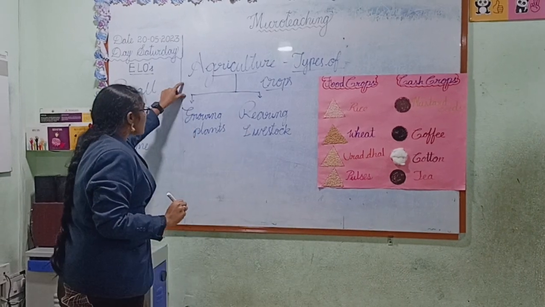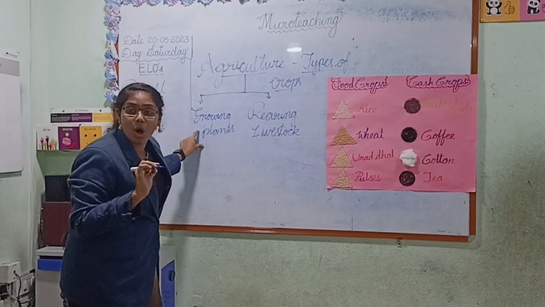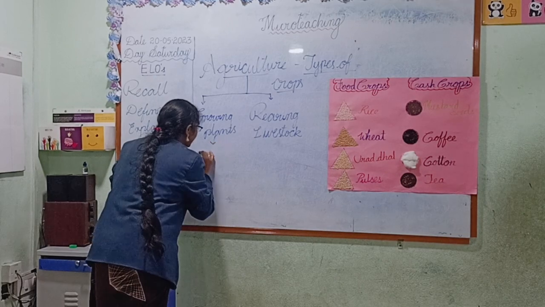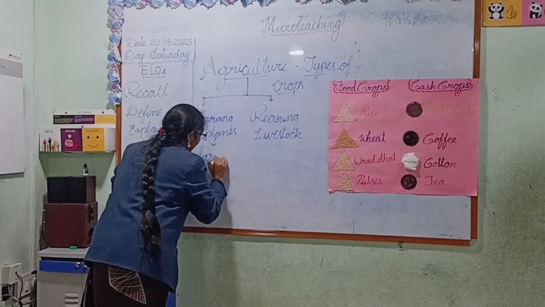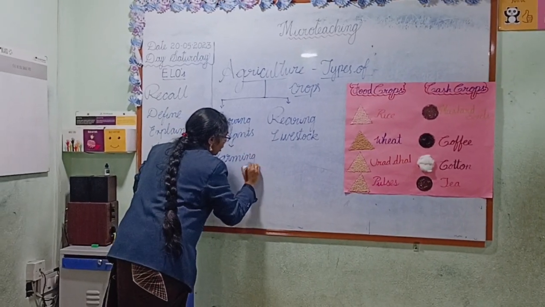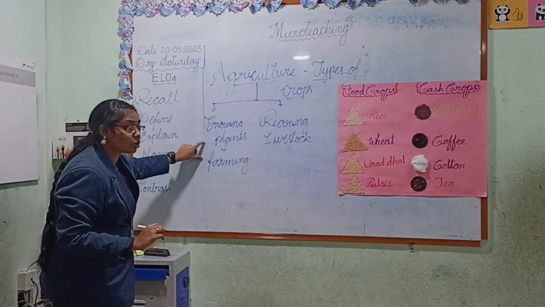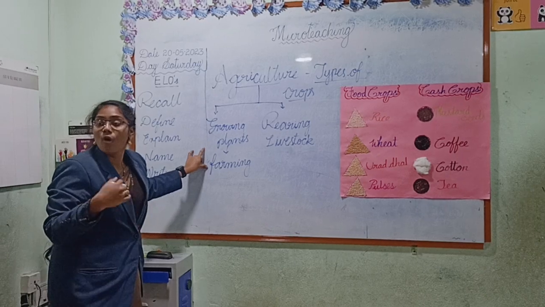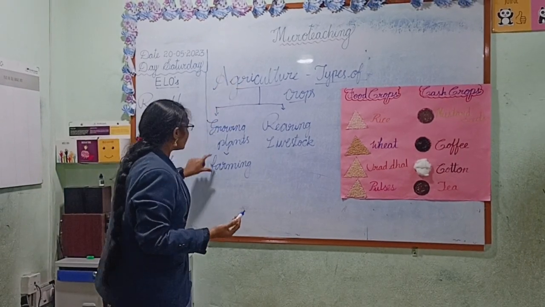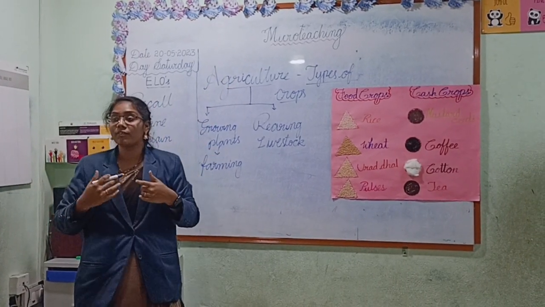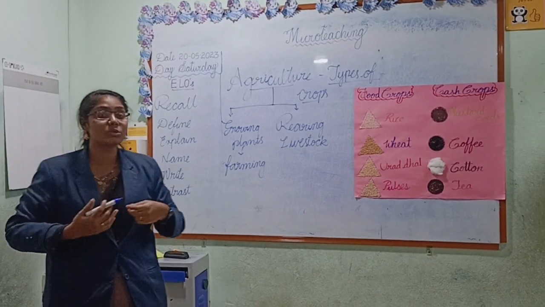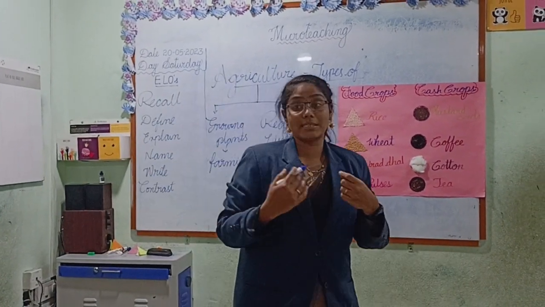The process of growing agriculture crops we also call farming. So agriculture's another name is farming. We can grow different types of crops like fruits, vegetables, cereals.